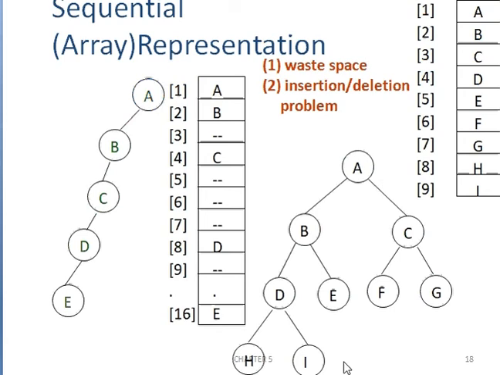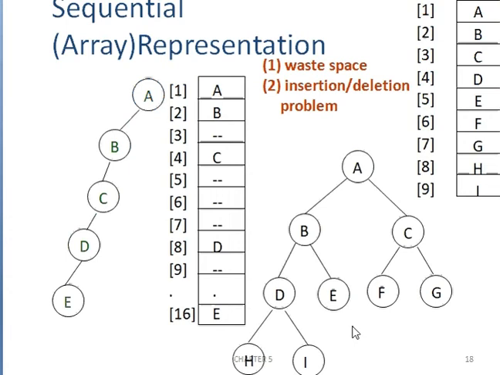So this is an example of a complete binary tree. I call it complete because when you look at the last level, level 4, E is not having a child, it is a terminal node. E, F, G are terminal nodes, and suppose if there was a right child present here and not a left child, then I would have called this an incomplete binary tree.